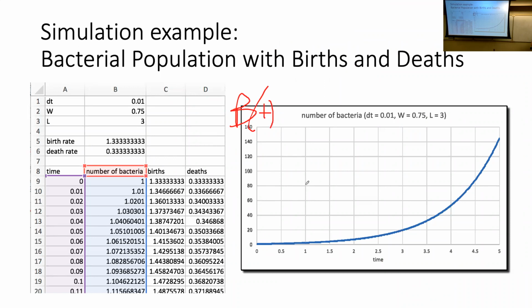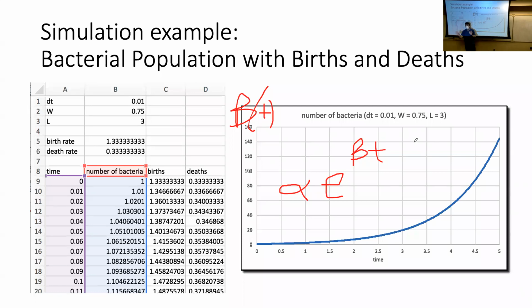And this here, not surprisingly, is an exponential growth curve, alpha times e to the beta t. And if we're mathematicians, we could actually solve for what alpha and beta are based on the growth rates that we put in here.